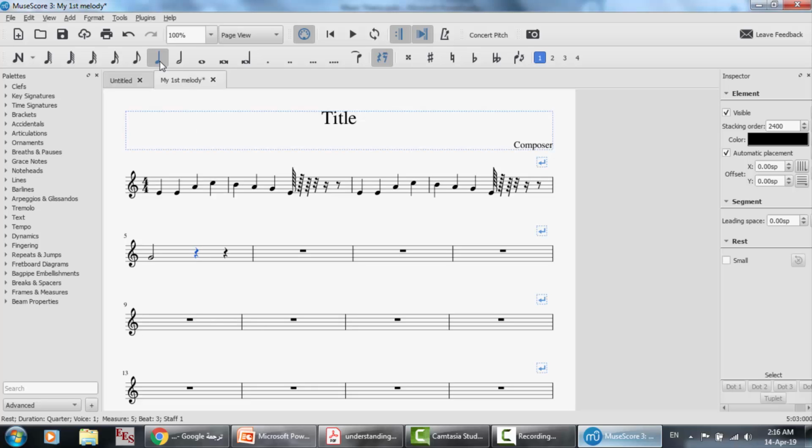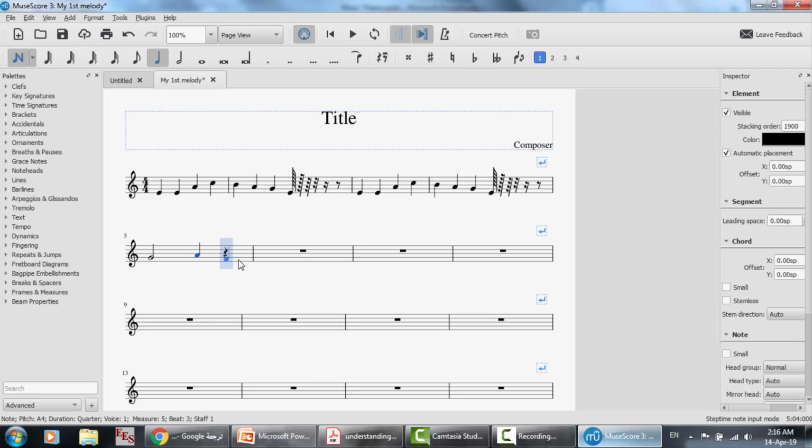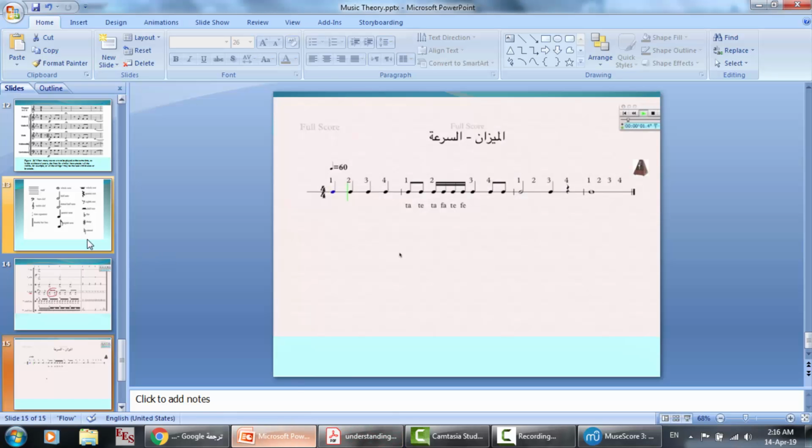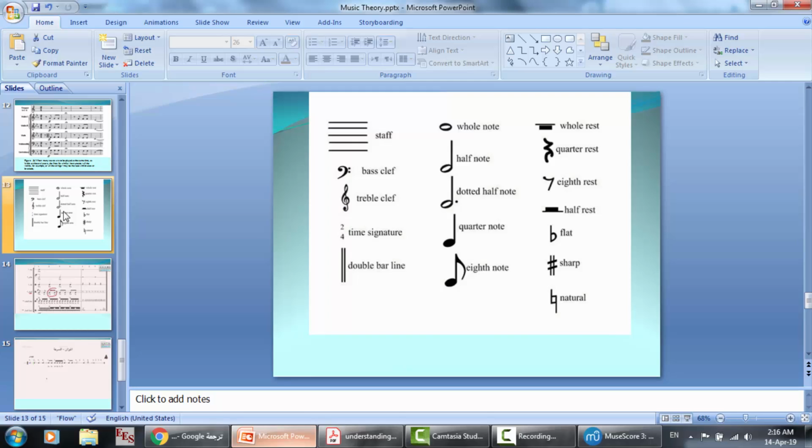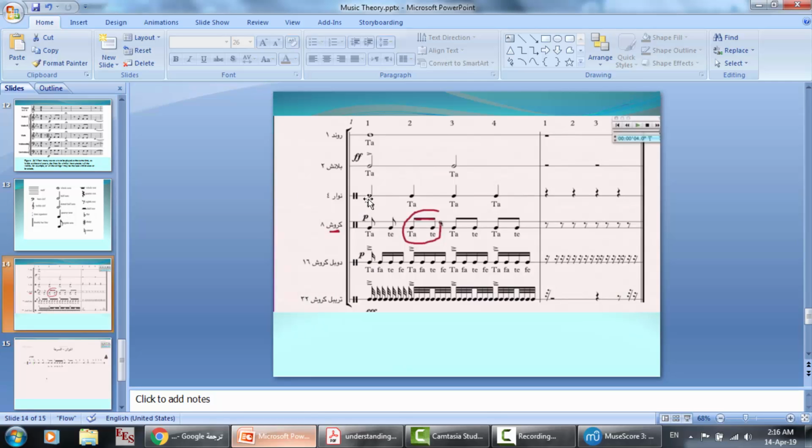What if I use this? So I get the chance to add again. Why? Because, as you can see, this one is equal to two.